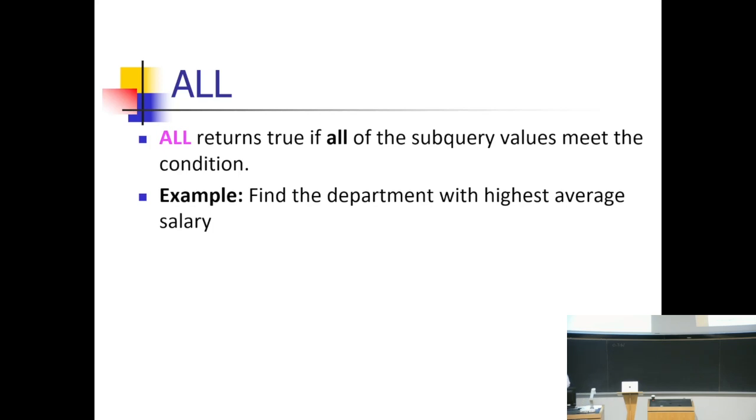In the staff table, we have staff name, department number, and salary information. If you want to find the department with the highest average salary, it's a comparison. First of all, you have to find each department's average salary, and then find the one with the highest.